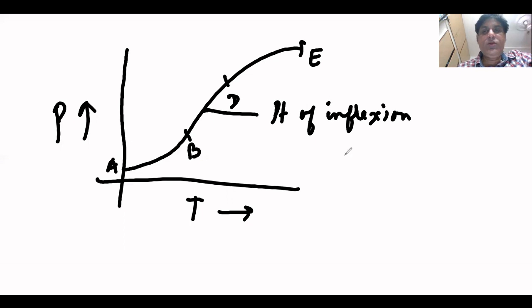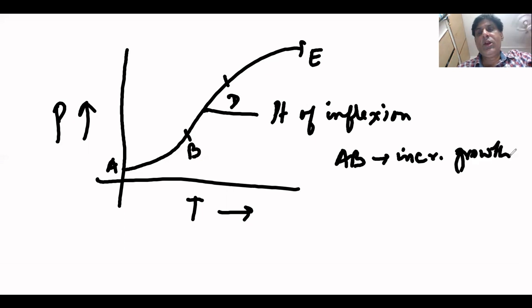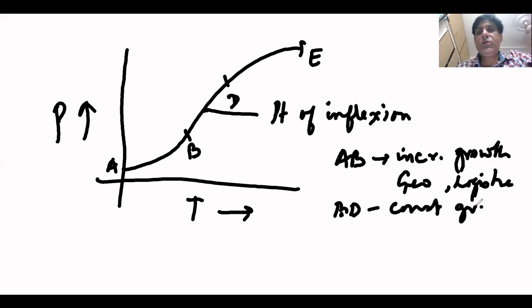This AB shows increasing growth, which is being denoted by the geometric method or the logistic curve method. Logistic curve method, right? Now B to D is the constant growth, which is shown by the arithmetic method.